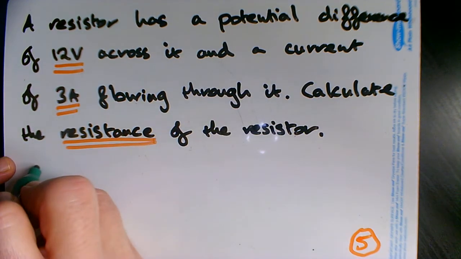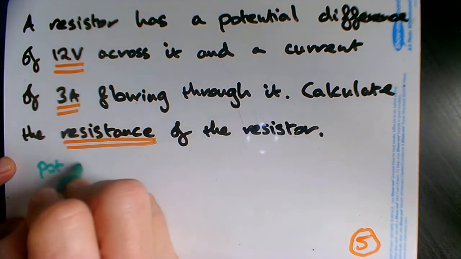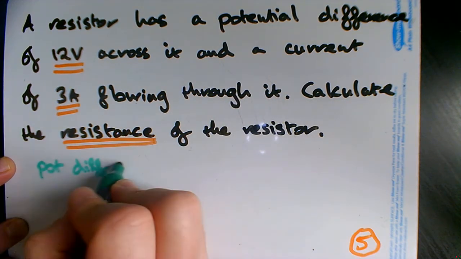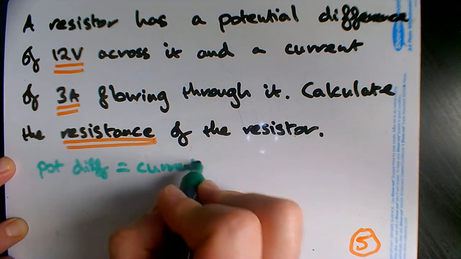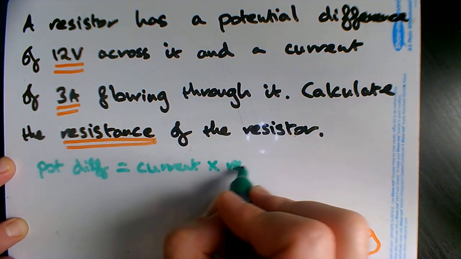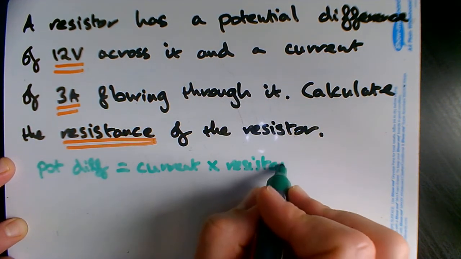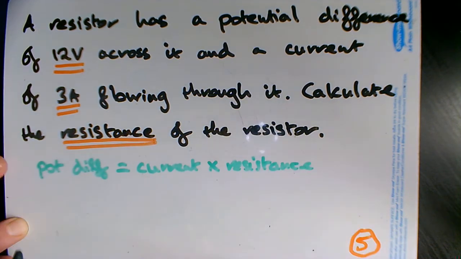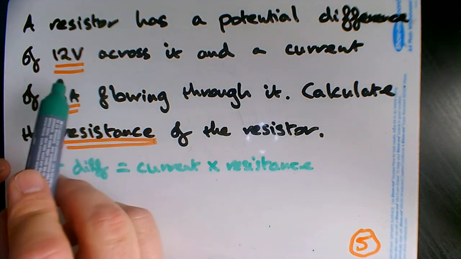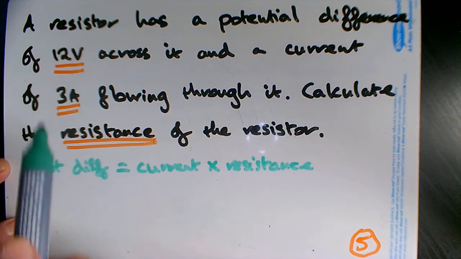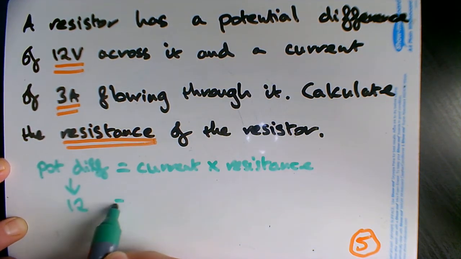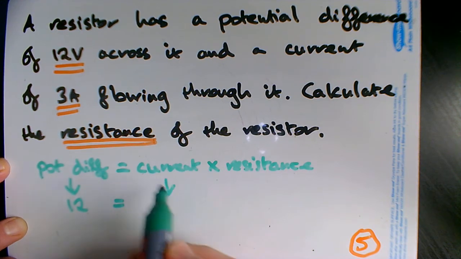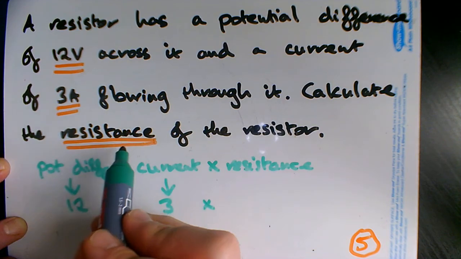Right, now potential difference is equal to current times resistance. In this problem, I've got 12 volts potential difference. So first thing I know is 12 is equal to current, it's 3 amps, times resistance.